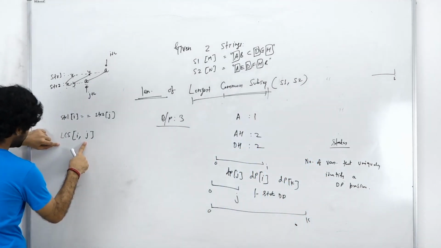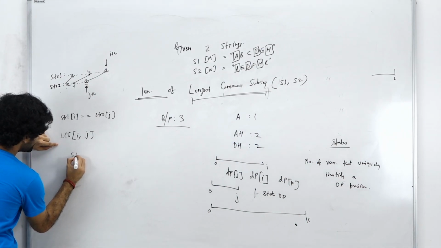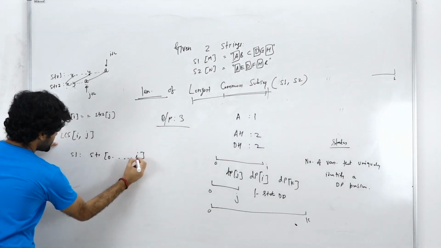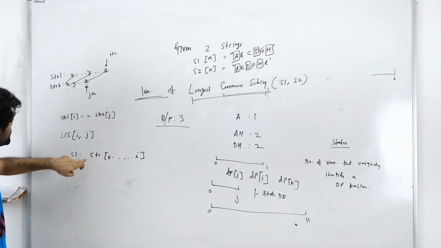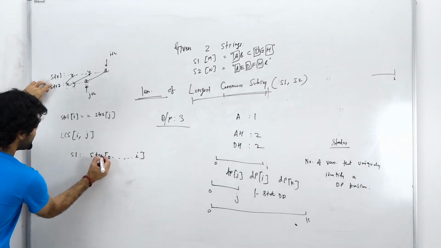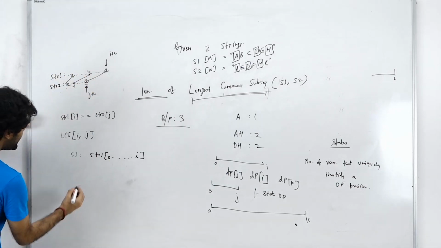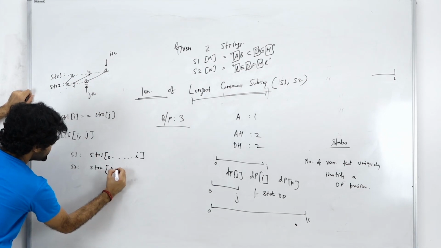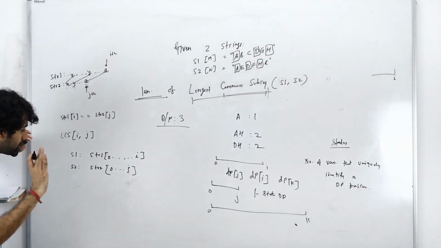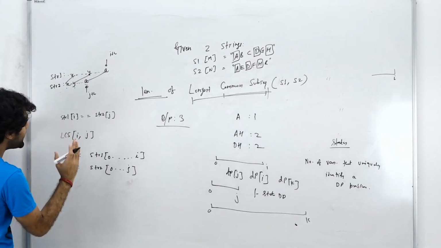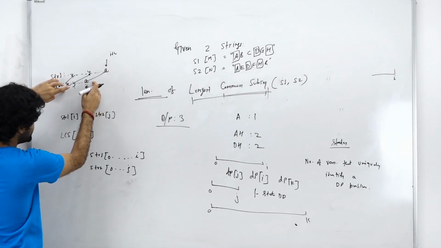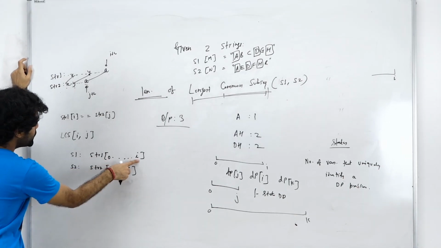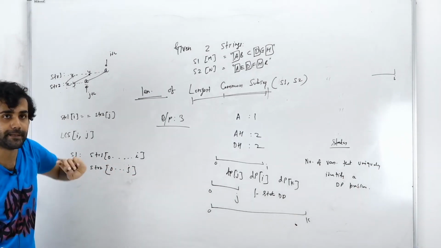LCS of i comma j means that if I consider my first string as str1[0 to i], that portion of string 1 extending from 0 to i, and that portion of string 2 extending from 0 to j. So now I'm not focusing my attention on the original str1 or str2. I'm focusing only on the portion of string 1 from 0 to i and the portion of string 2 from 0 to j.